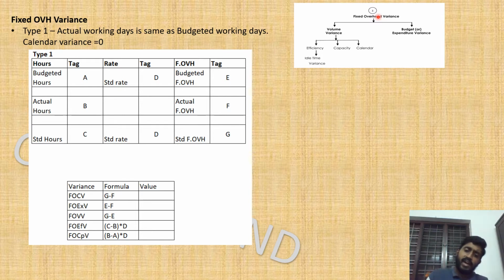Fixed overhead variance: I have seen many students getting confused in it, but it is actually very easy. Why should I go explaining the formula mentioned in the book?